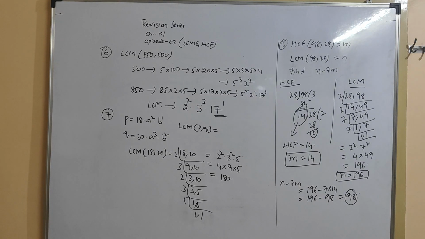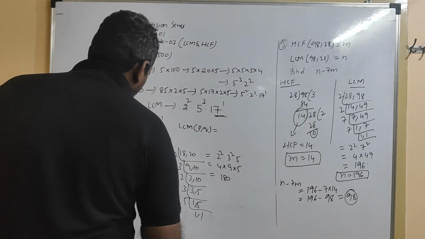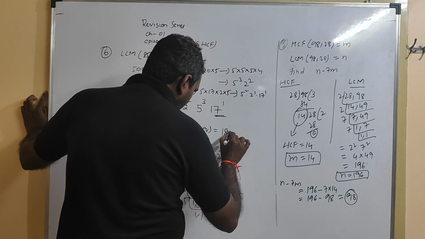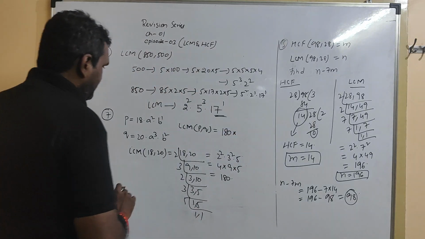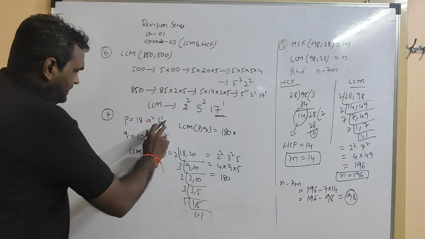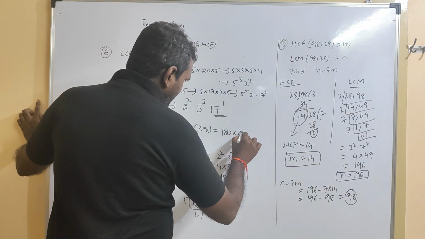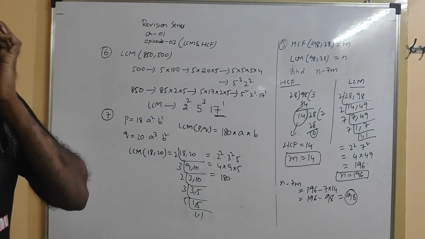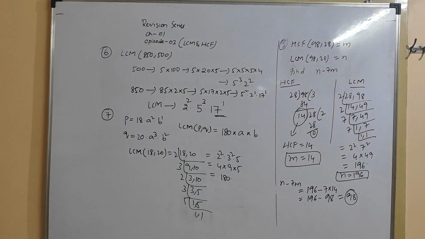Okay? But we want the LCM for P comma Q. How you have to write is, the 180 what you got, you write multiplied with the bases. Two bases we are having, one is A and another one is B. If it is not a common base also you have to write it. Why? Because that is LCM.